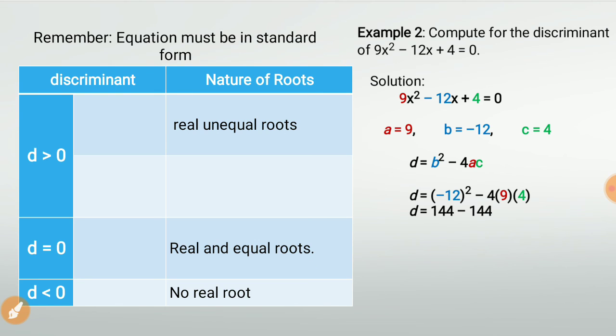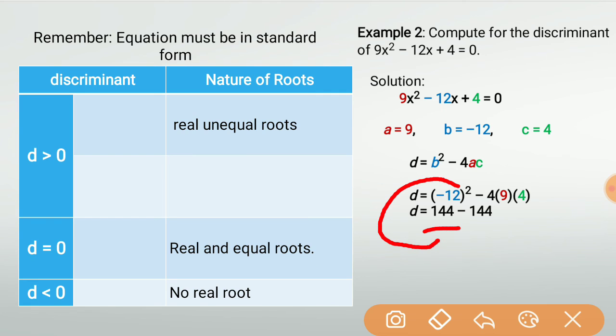Now in the next step we have D as 144 minus 144. How did this 144 come? This negative 12 square will give you 144, minus 12 into minus 12 becomes plus 144. Then we have 4 into 9 into 4. When you multiply them together, you will get 144.